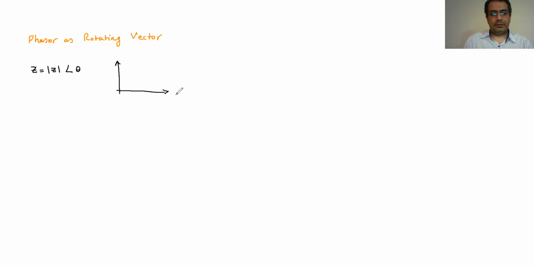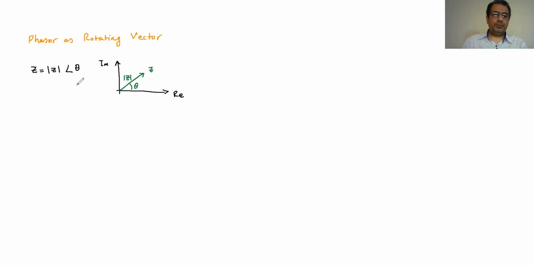So if this is the real axis and this is the imaginary axis, we can say that this is z. So z has the magnitude of z and angle of theta. This is how we show these complex numbers.